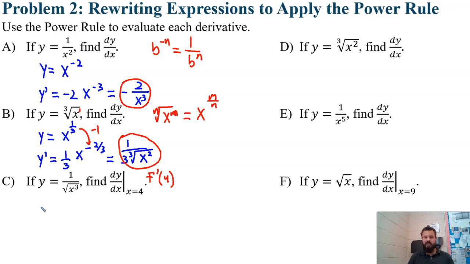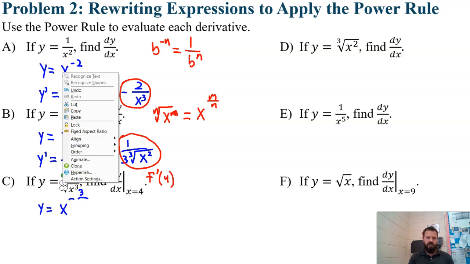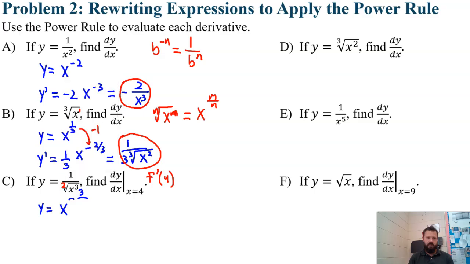First step, let's rewrite this equation in terms of exponents. So I can say y is equal to x to the negative, because we're on the bottom part of the fraction. As far as rational exponents go, we'll do a 3 on top, because that's the power my x is being raised to, over the square root. It's not written here, but it's implied that that index is 2.